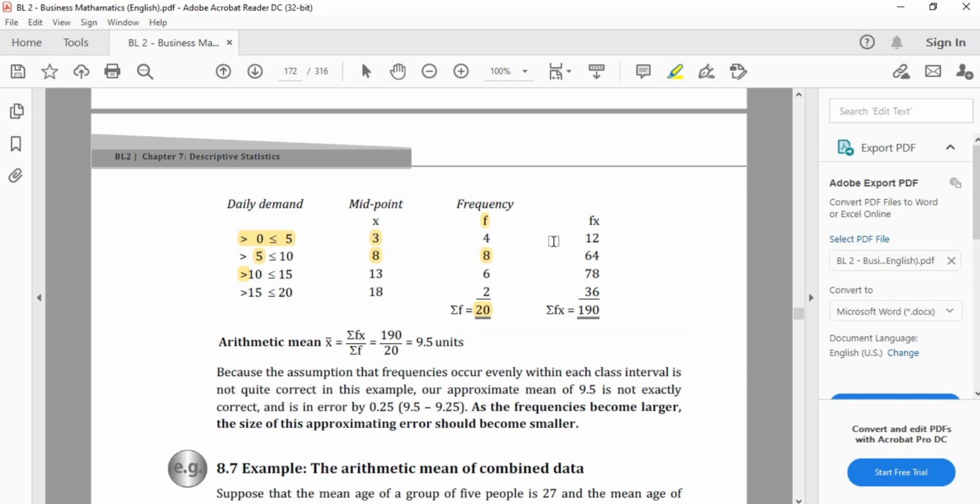Right? So midpoint multiplied by frequency is, as you could see, 12 into 4 is 48, 13 into 6, 78, 18 into 2, 36, and so forth, and they have taken the total. Now apply your mean formula, which is not changing at all under any circumstance. It is always sigma fx divided by sigma f.